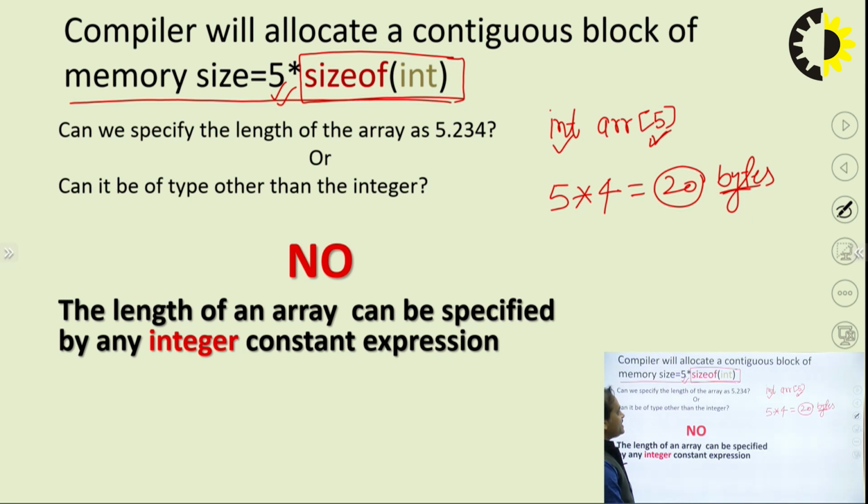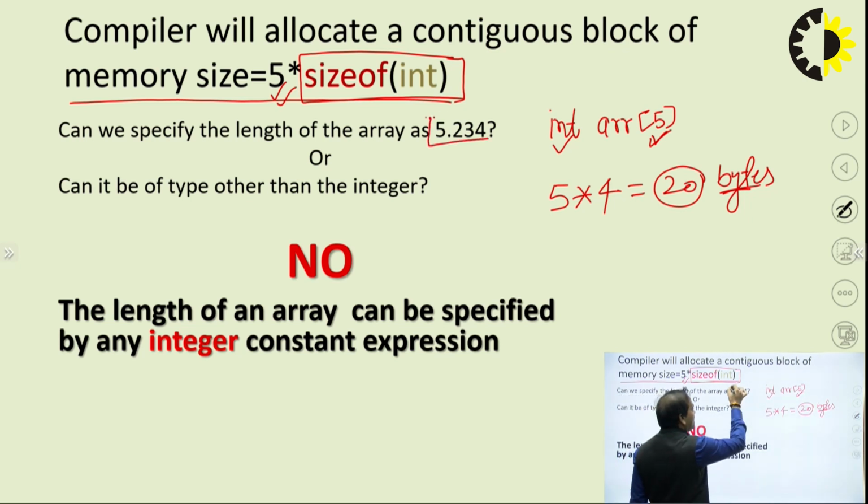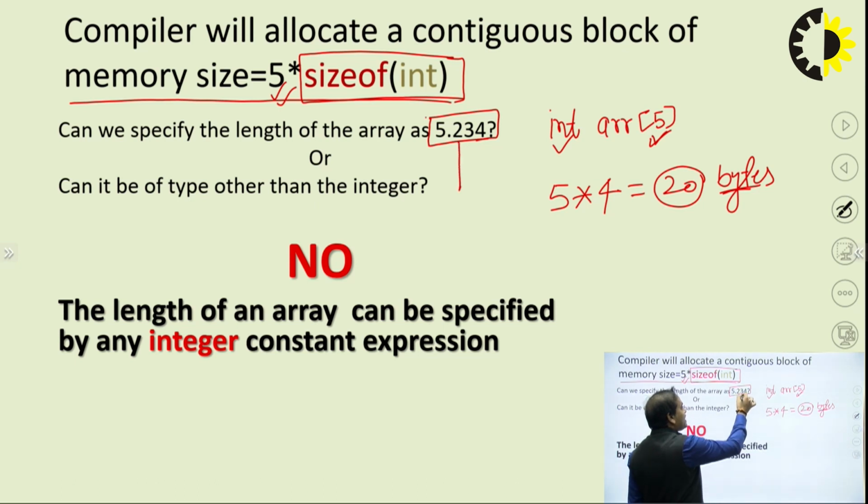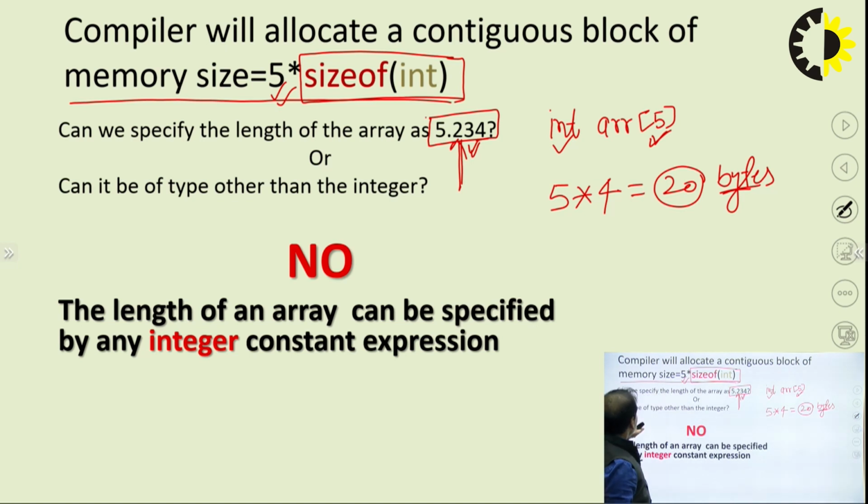Can we specify the length of the array as a decimal? No. We can't write the length of the array like this. It must be an integer. Can it be of a type other than integer? No, the answer is no. We can't give the length of the array in decimal format or anything other than integer.